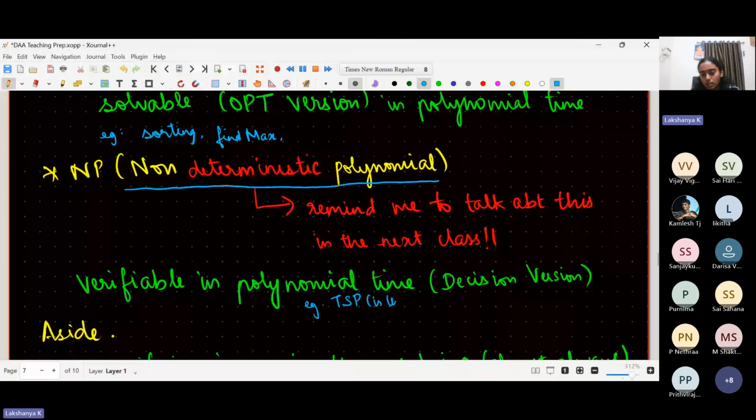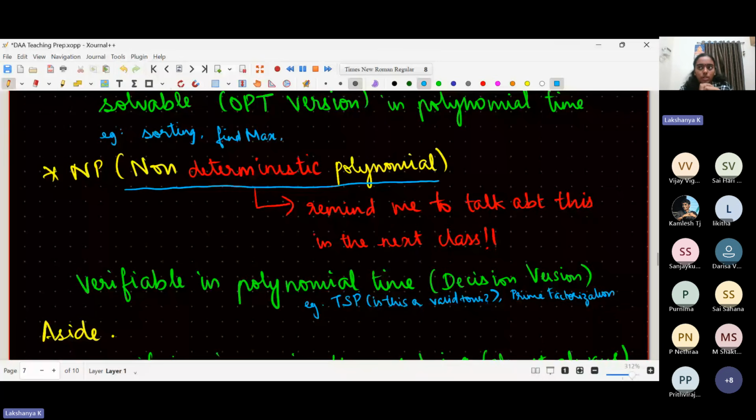Can someone give me? Okay, I'll give you an example. Prime factorization of a number. You have to split a number into prime factors.